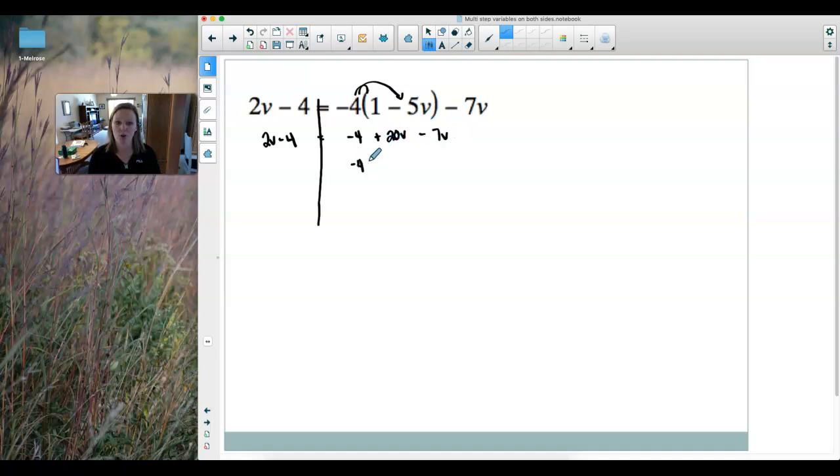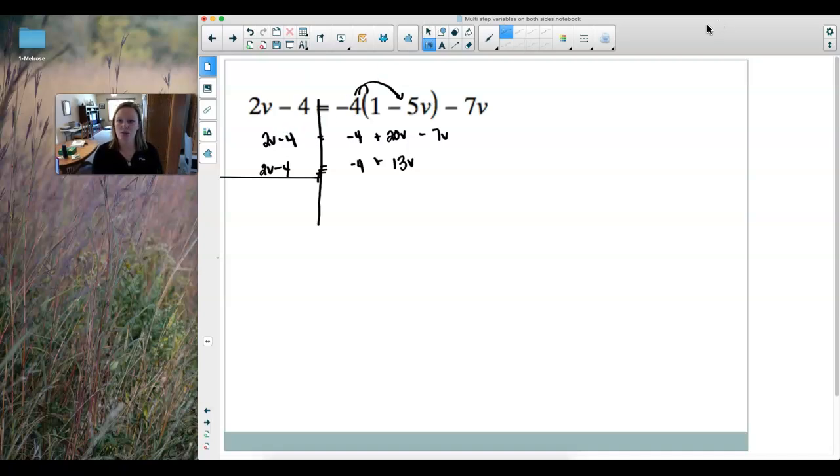So we have negative 4 plus 13v equals 2v minus 4. Okay, and now we have a variable on each side.